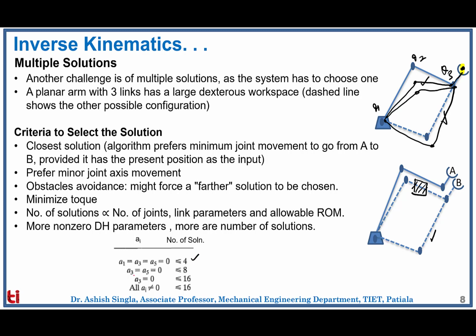If only 2 link lengths are 0, then the solutions increase to 8, and it increases to less than or equal to 16 if only 1 link length is 0, and it is equal to 16 if all the link lengths are non-zero. So we can see that as there are more non-zero DH parameters, there are more solutions to the problem of inverse kinematics.